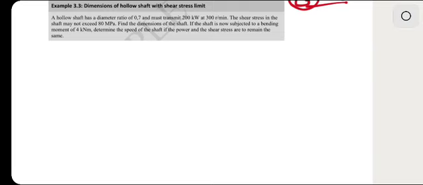You are given example 3.3: the dimensions of a hollow shaft with a shear stress limit. A hollow shaft has a diameter ratio of 0.7 and must transmit 200 kilowatts at 300 revolutions per minute.